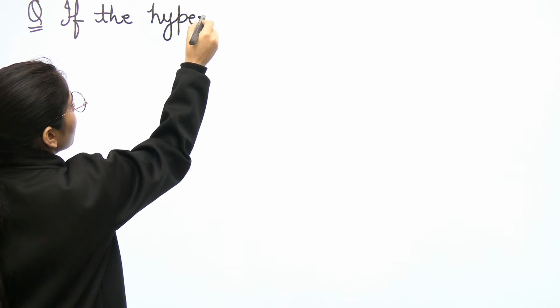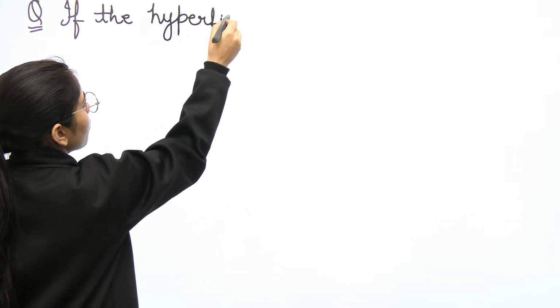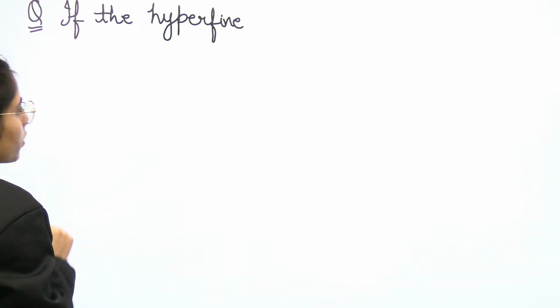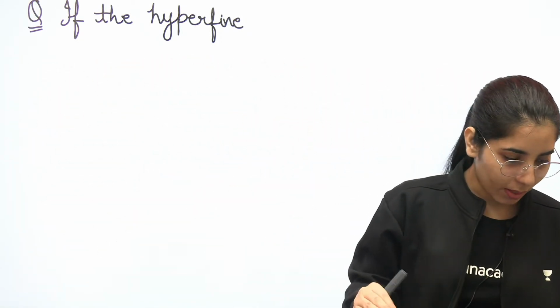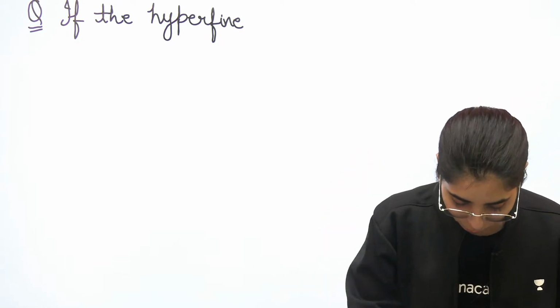Here is your first question for today's session, which is on a very important topic, and you all should know the steps to solve any such type of question. Okay, it's going to be a very important one.